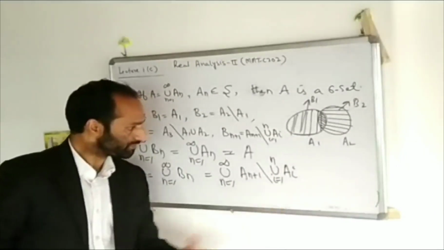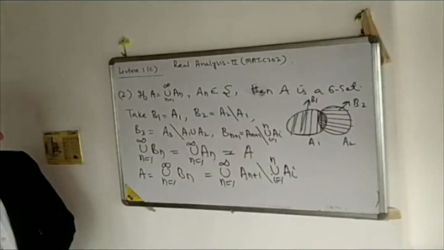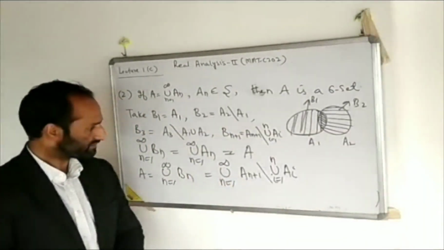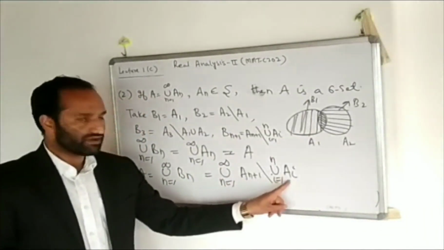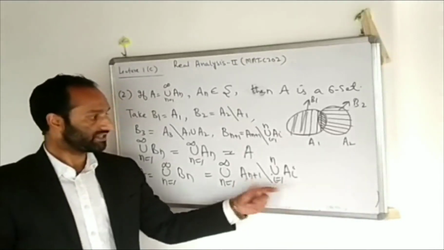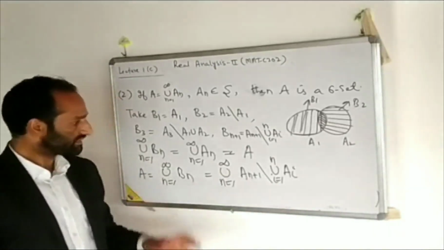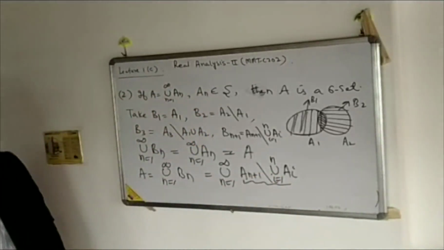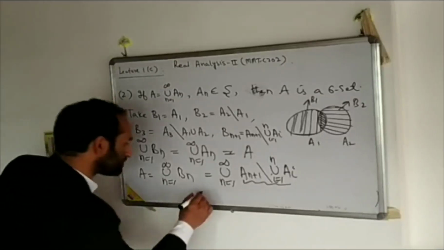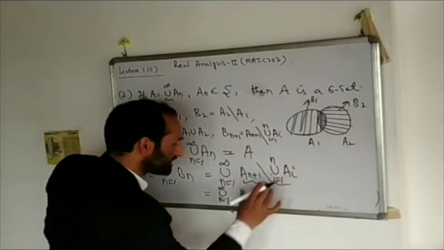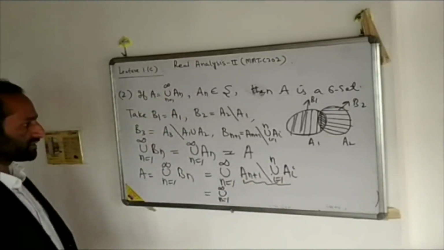This difference is very important. We apply part 1 of this theorem. Here A(n+1) is a member of S, and these A1, A2 up to An are also members of S. Therefore, by part 1 of this theorem, we can express this as a finite disjoint union of members of S. So it's equal to the union, n runs from 1 to infinity, and this difference can be written as a finite disjoint union of members of S.